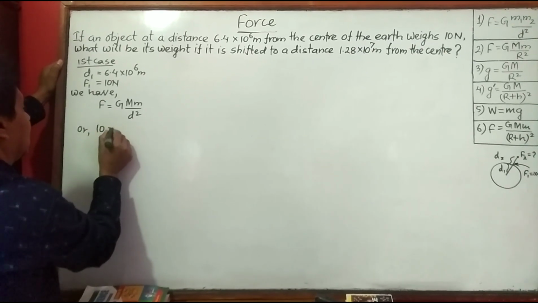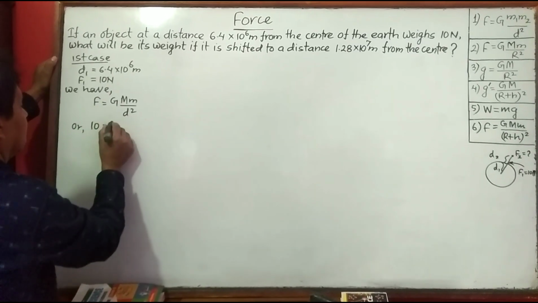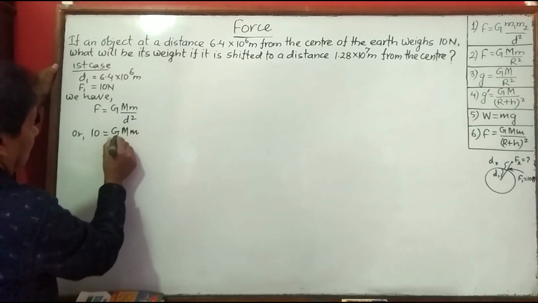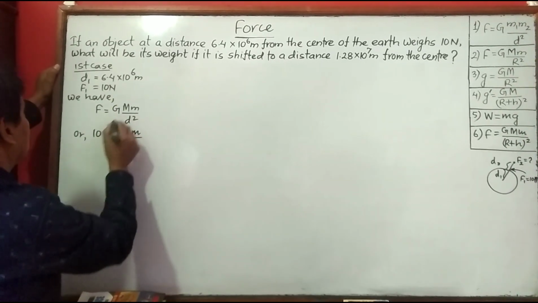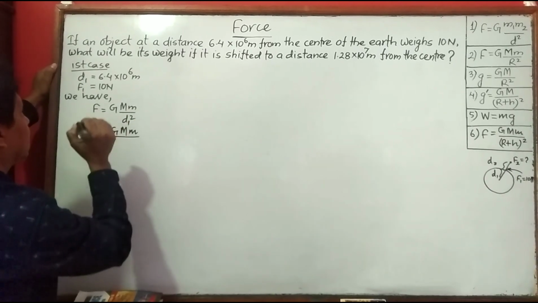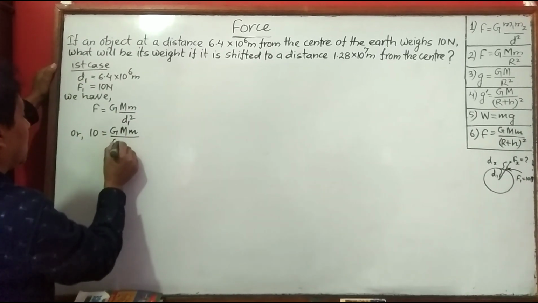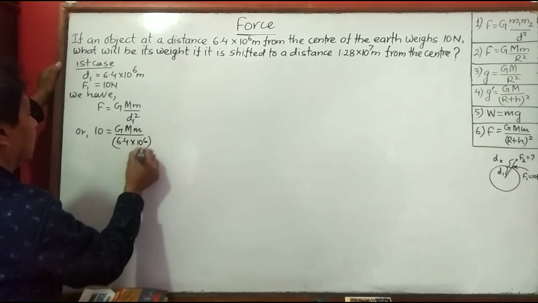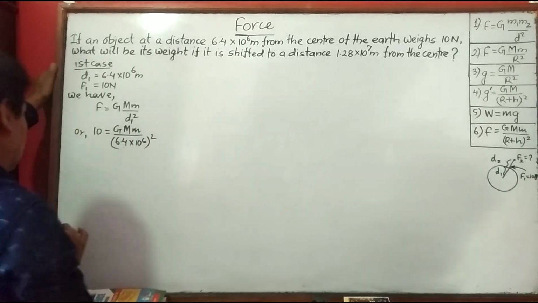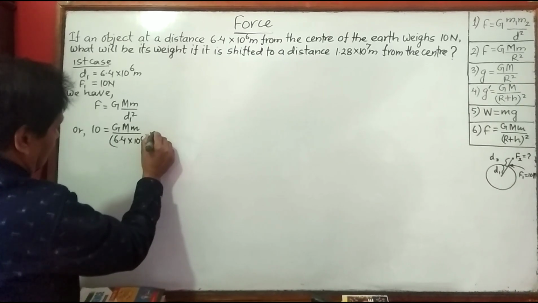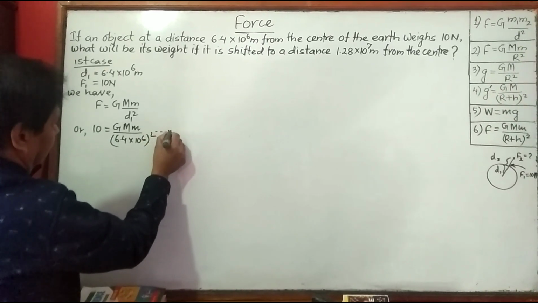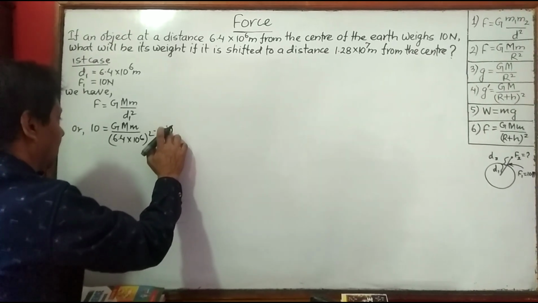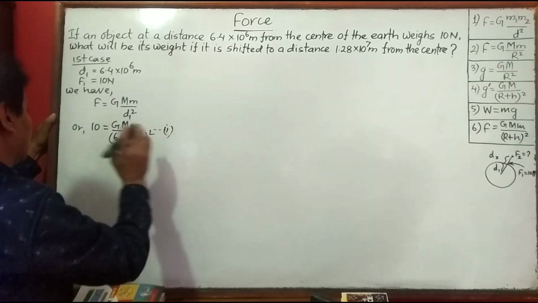I'm not writing units now, later we'll write them in the answer, and I'm not writing the values of G, M, m because they are not given. This is d1 square, where d1 is 6.4 × 10^6, squared. Now we cannot go any further. Let's say this is equation number 1.